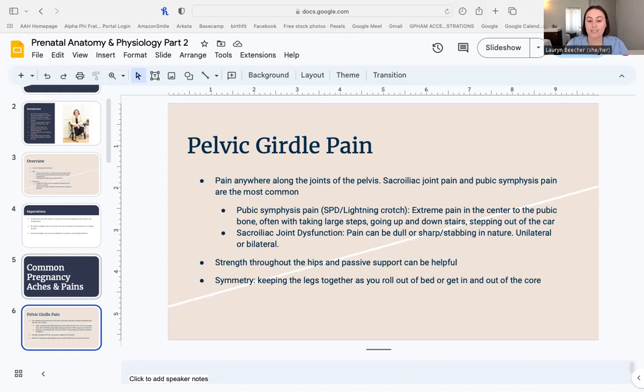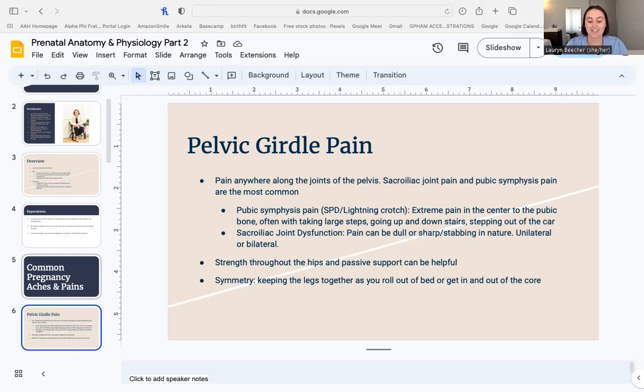Instead, focus on things that are a little bit more symmetrical. So can I stand in Tadasana with a really long spine? Feel that engagement throughout the abdomen. Can I work on my posture, sitting back into a chair? I'm not rotating. There's no shearing at the pubic bone.